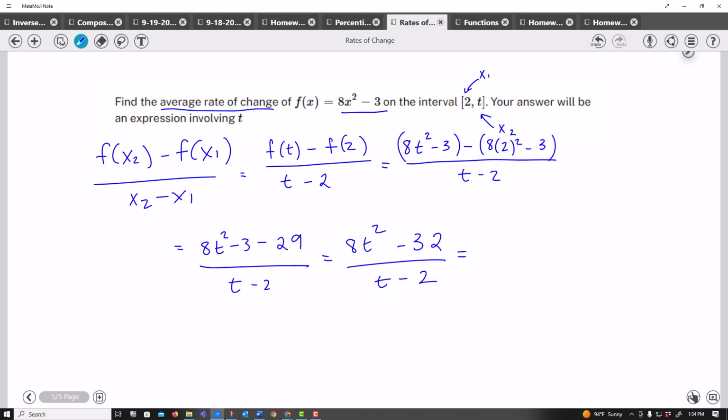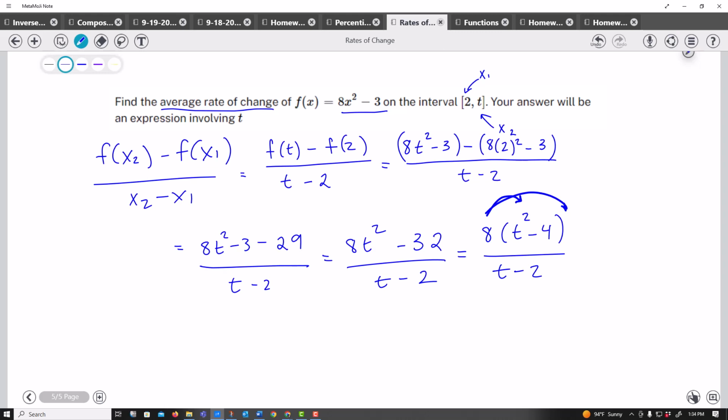And so if I factor out an 8 up top, I'm going to get t squared minus 4. All I did is I factored out an 8. So convince yourself 8 times t squared, and then 8 times negative 4 is negative 32.